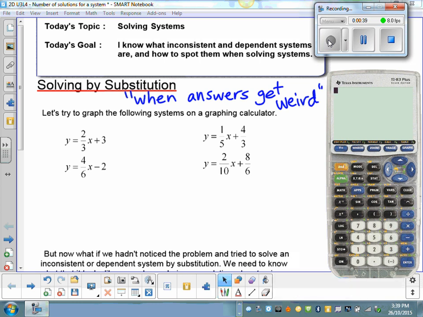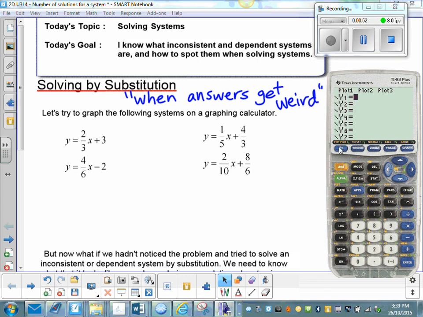So I'm going to try and solve these systems on the graphing calculator here, and you'll see what happens. You can see we've got some fractions involved. So I'm going to go to y equals, and I'm going to input equation 1 and equation 2.